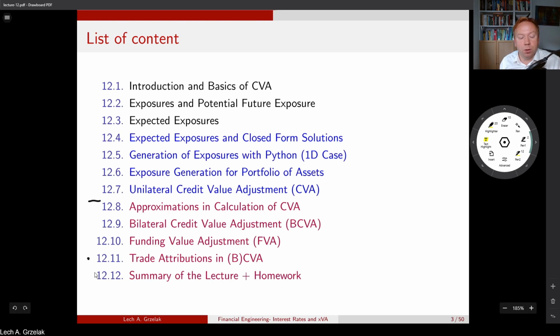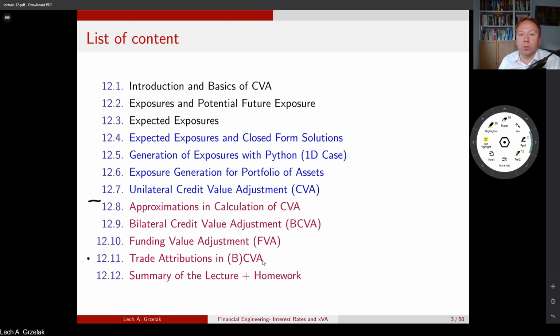The final point before the summary is so-called trade attributions. Imagine a scenario in which a risk manager would like to see which of the trades in the portfolio contributes most to the CVA seen on the portfolio basis. This so-called trade attribution for CVA addresses this issue.